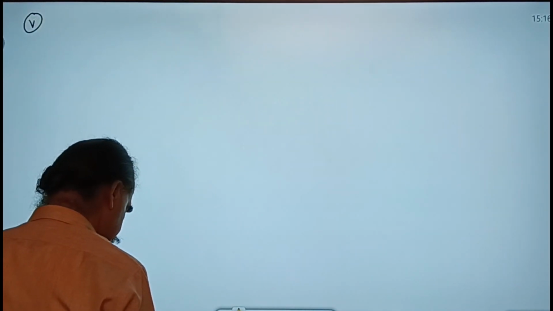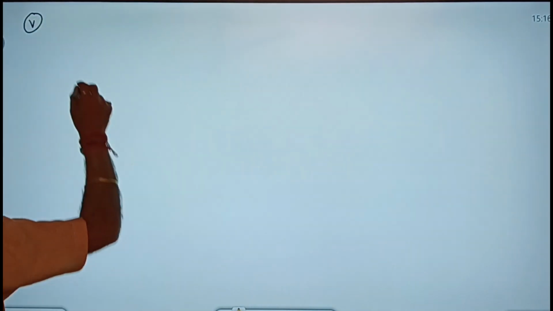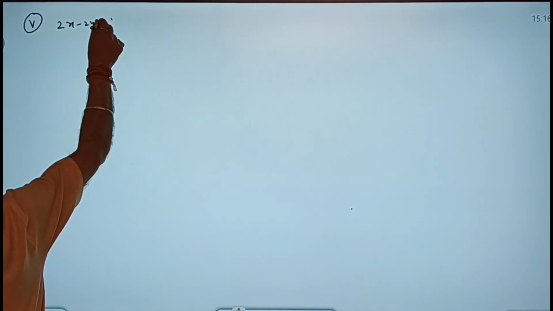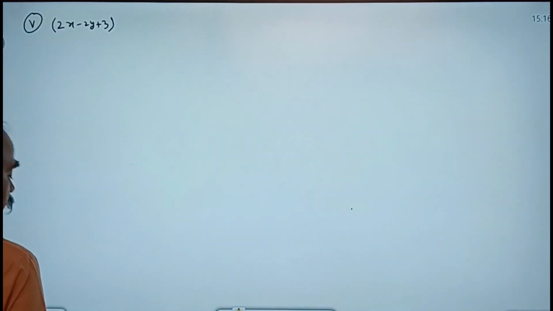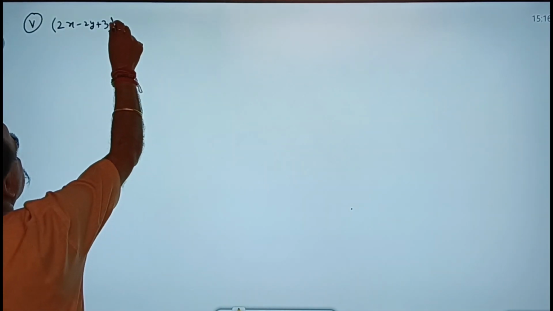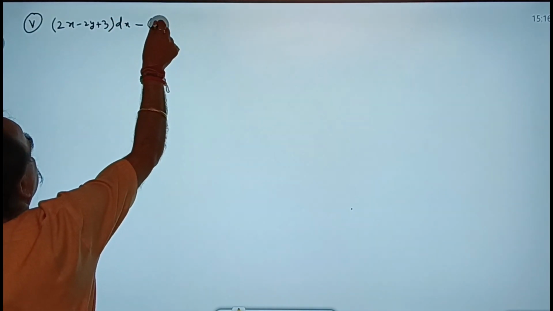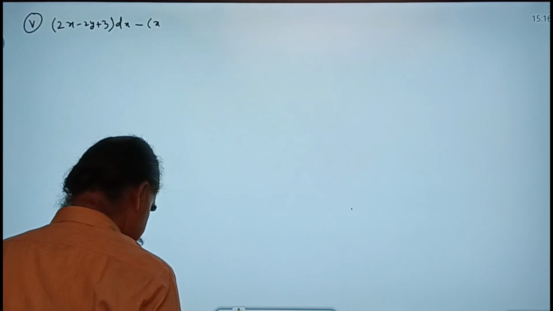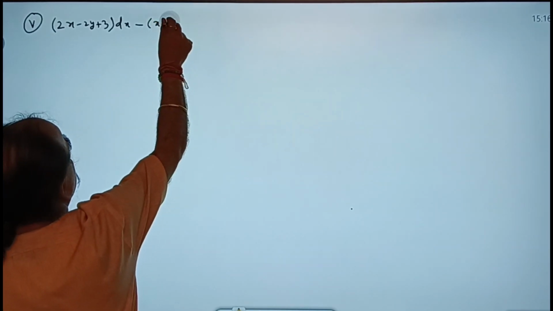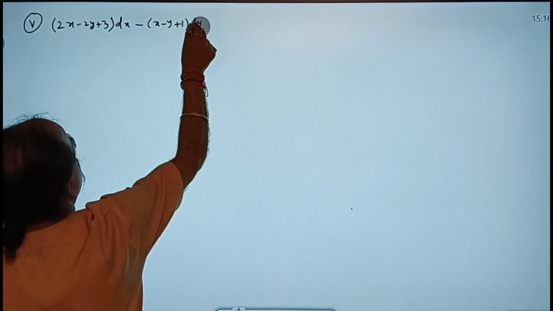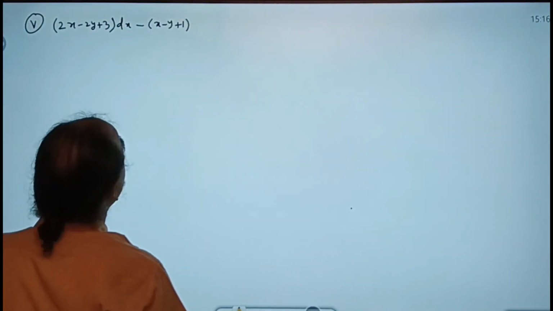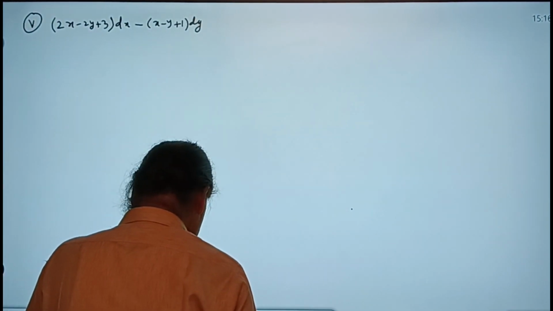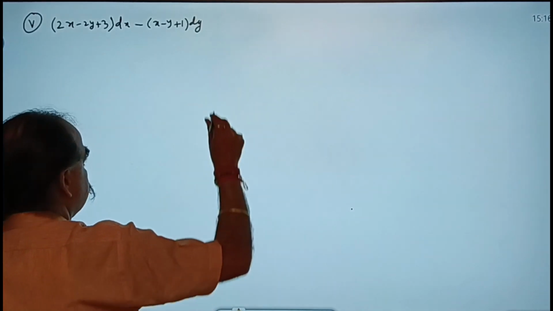Fifth is 2x minus 2y plus 3 dx minus x minus y plus 1 dy is equal to 0 when x is 0, y is 1.